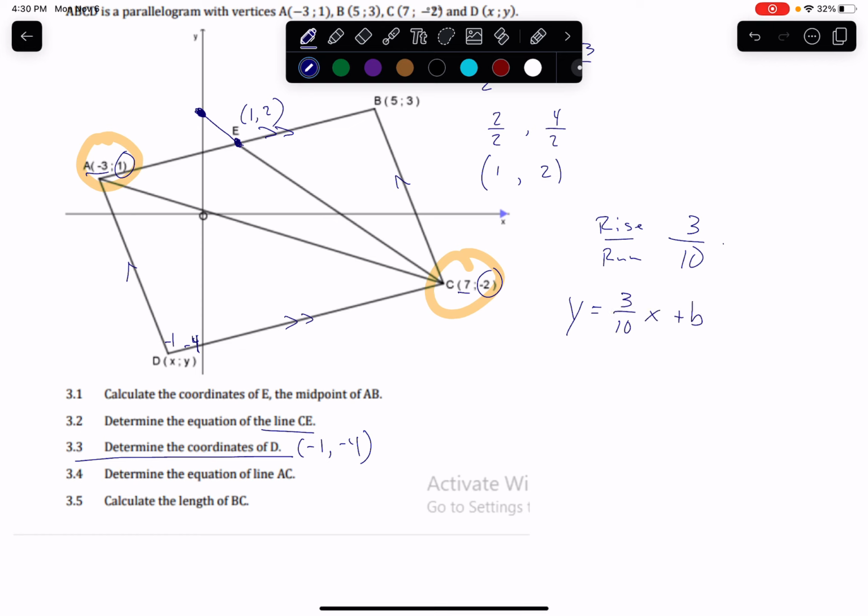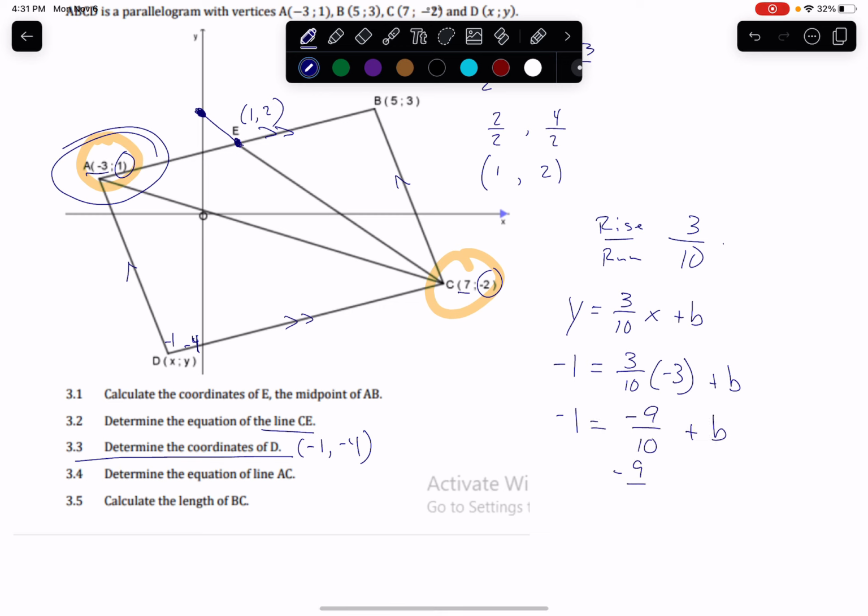Now pick a point. Doesn't matter which one. We'll solve for b. So I'm going to pick the -3, 1. So my y value is 1, 3/10 times x, which was -3, plus b. So it's 1 equals -9/10 plus b.